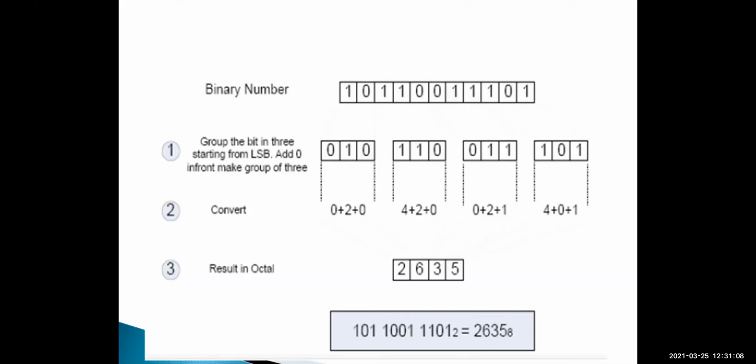Absent. 143. Yes, sir. 144. Yes, sir. 145. Yes, sir. 146. Present, sir. 147. Present, sir. 148.